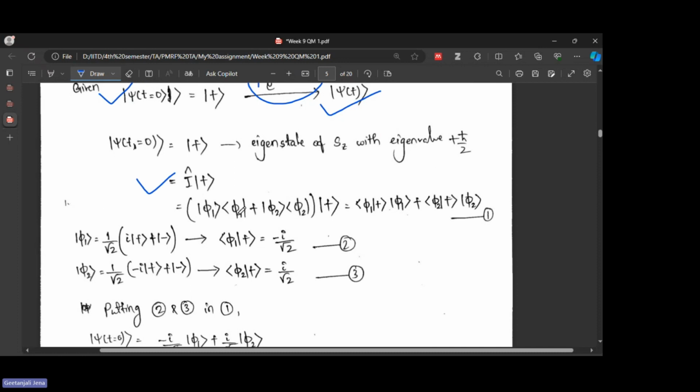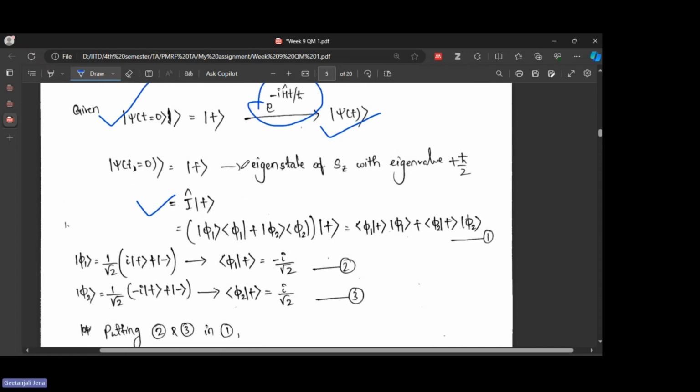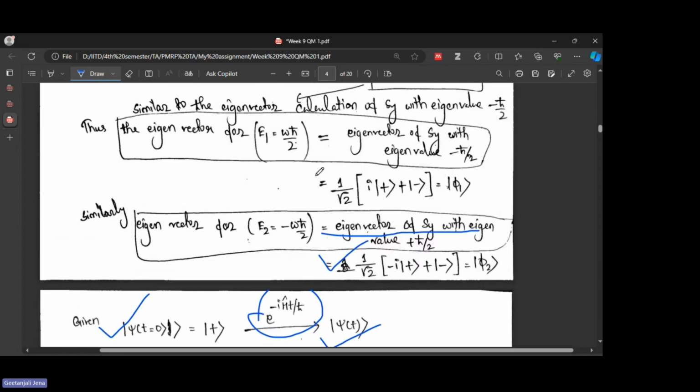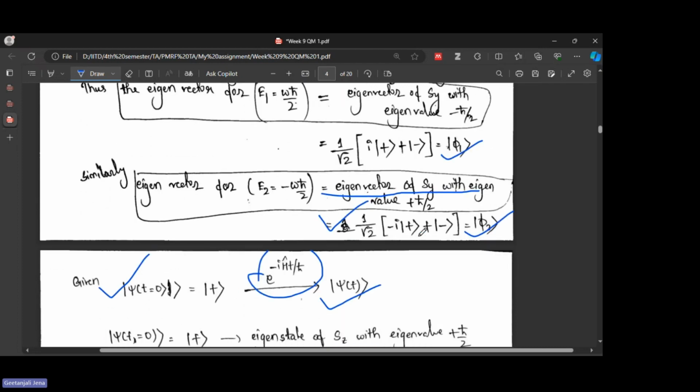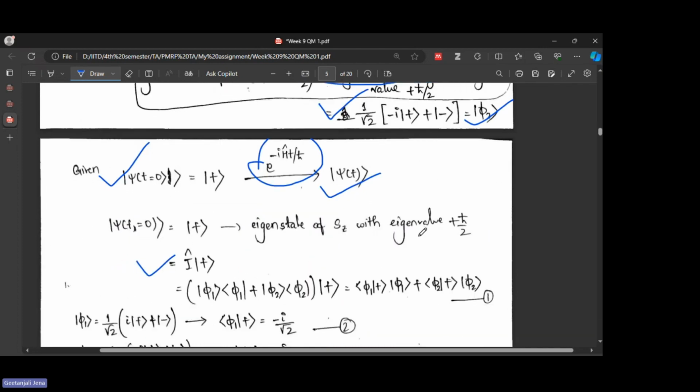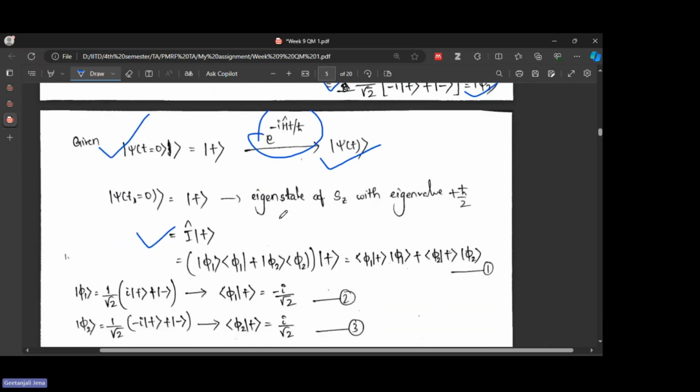Now phi 1, phi 2: in this equation you see the eigenvectors of the Hamiltonian are phi 1 and phi 2. So phi 1 is this one and phi 2 is this. So now you are writing the initial state in terms of the eigenkets of the Hamiltonian operator.